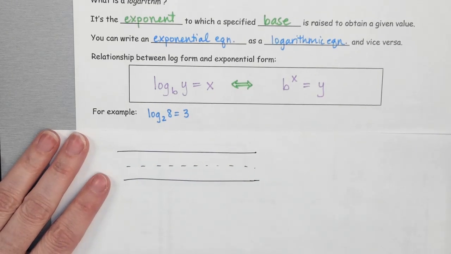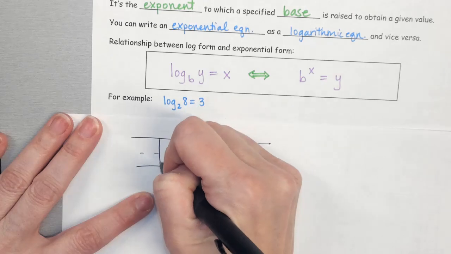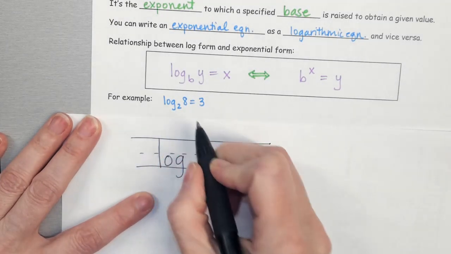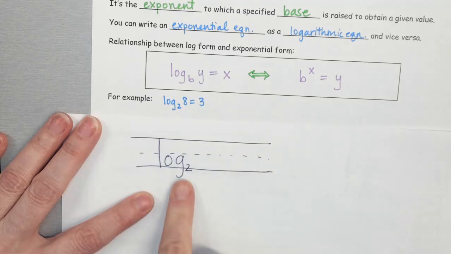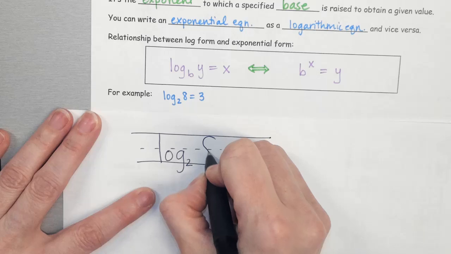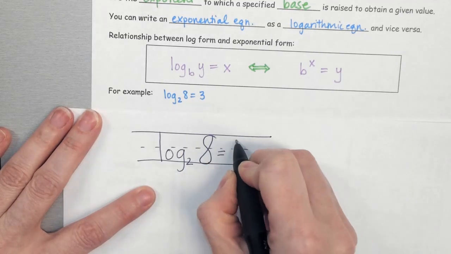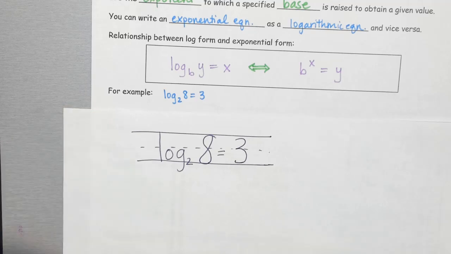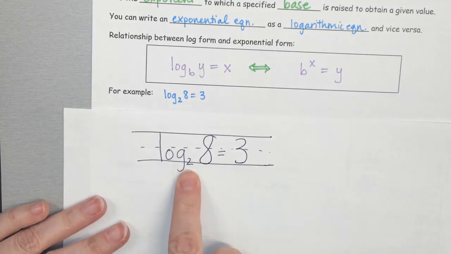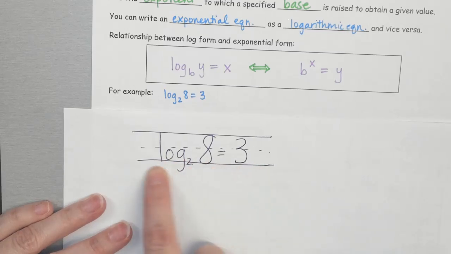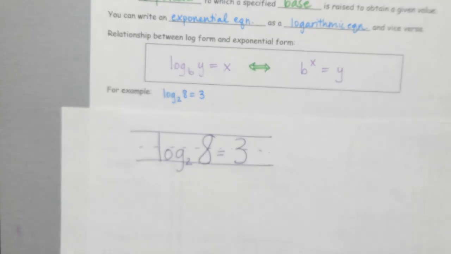So when you're writing this, the log goes here. This base is a subscript. The base is 2. It is of 8. And that is equal to 3. So this needs to be lower, and we can't have this floating. The log, the 8, and the 3 should all be on the same line.